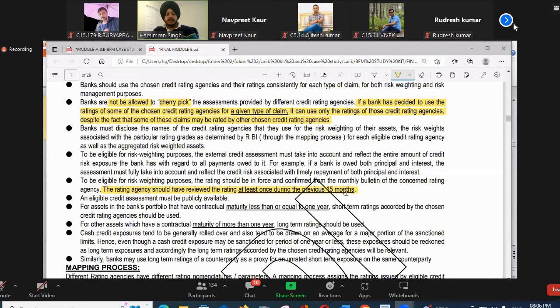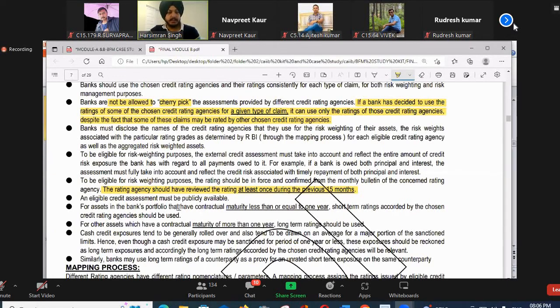See, the financial position of the company can change very fast. So you cannot use some 10 or 20-year-old ratings. These ratings have to be updated regularly, and you have to make sure that the rating that you're using has been updated in last 15 months.